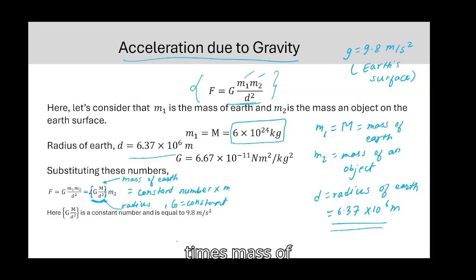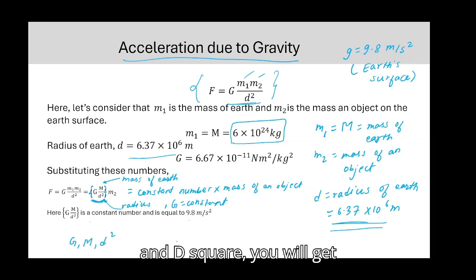So we can simplify this as some constant number times the mass of an object. And if you calculate this using all these numbers of G, M and d squared, you will get approximately 9.8 meters per second squared.